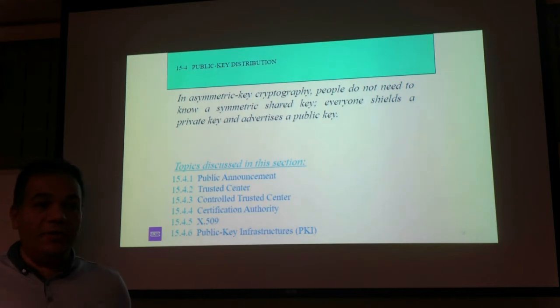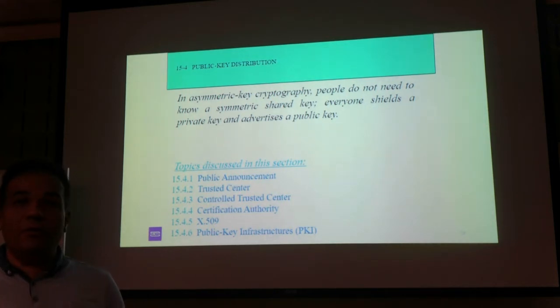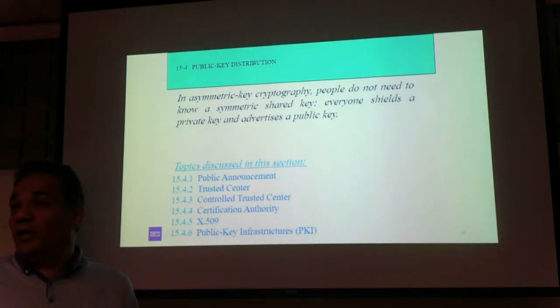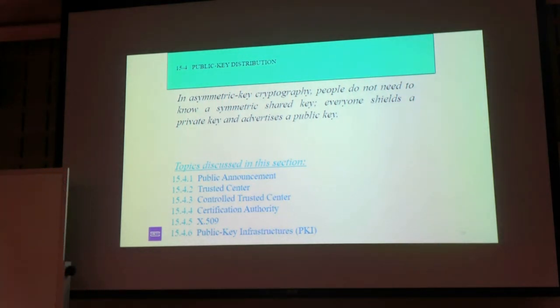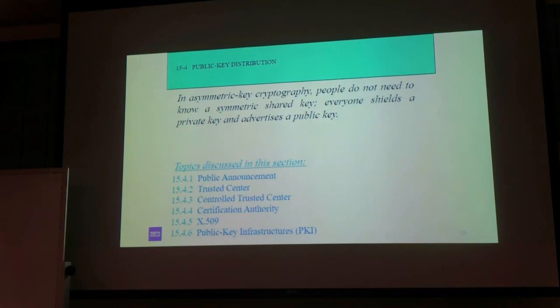But the only problem is that some people could claim a public key that's not really theirs. So the problem is we have to have a third party. In asymmetric key cryptography, people do not need to know a shared key.